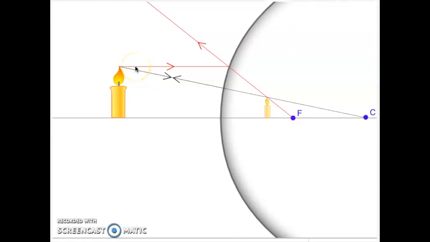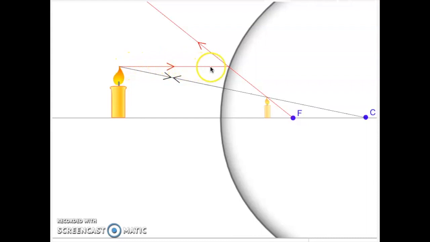Our eye in this scenario is over on this side, perceiving the black and red diverging rays of light. The red ray does the same behavior as ray 2 in the concave case. It goes parallel to the principal axis, but then it diverges away from this focal point instead of converging towards it. Since the light diverges, it has to obey the law of reflection.